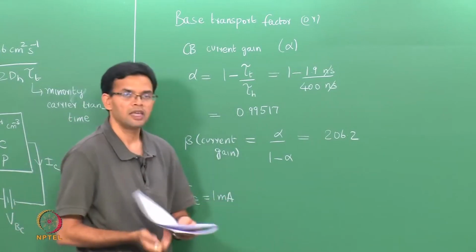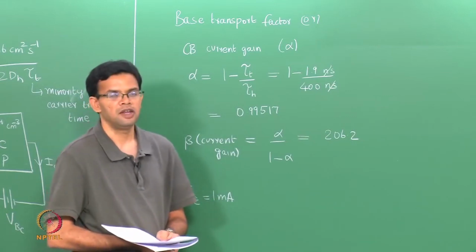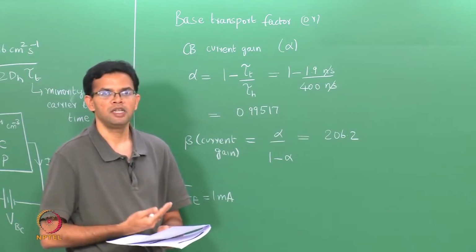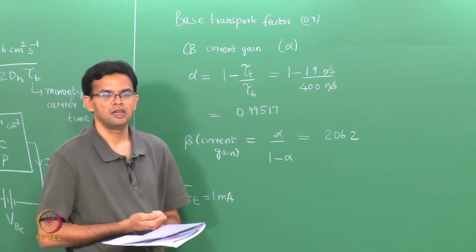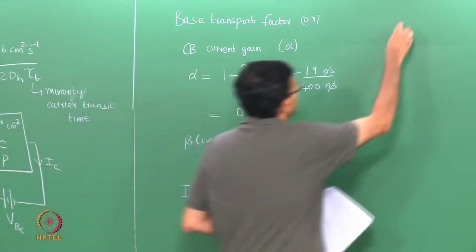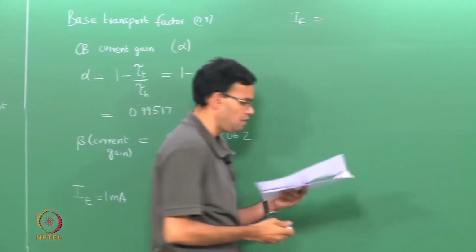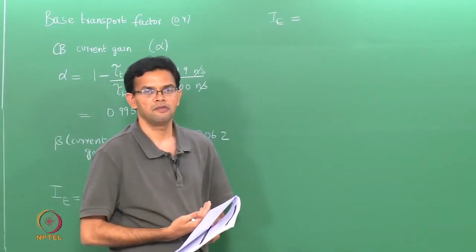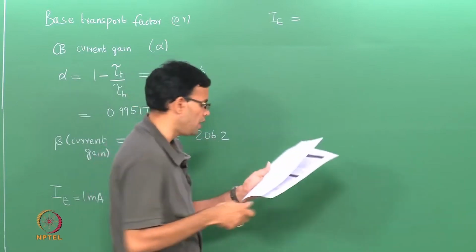So, if you look in the case of an emitter current, your emitter current is generated because you now have a PN junction between the emitter and the base, and you basically have minority carriers that are injected across the junction. So, IE is nothing but the current that is generated when a PN junction is essentially forward biased.